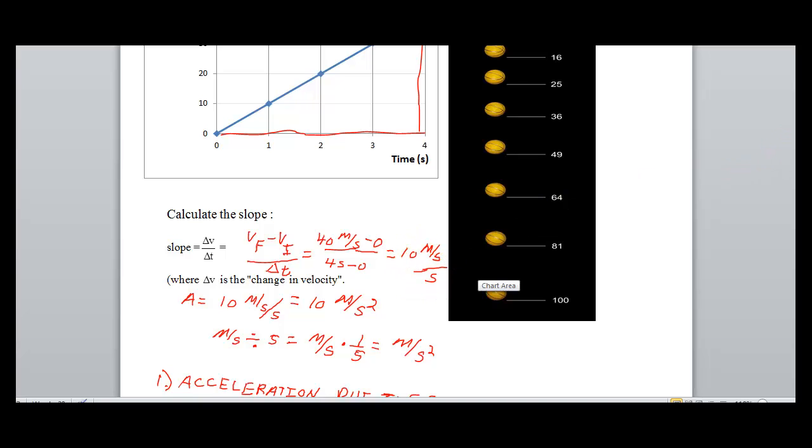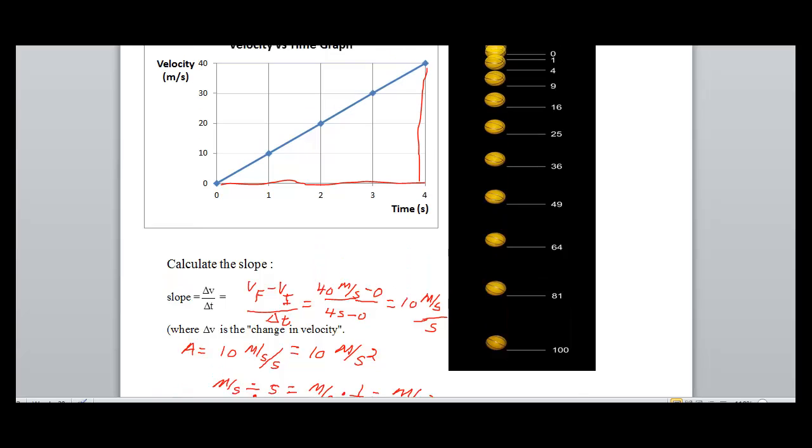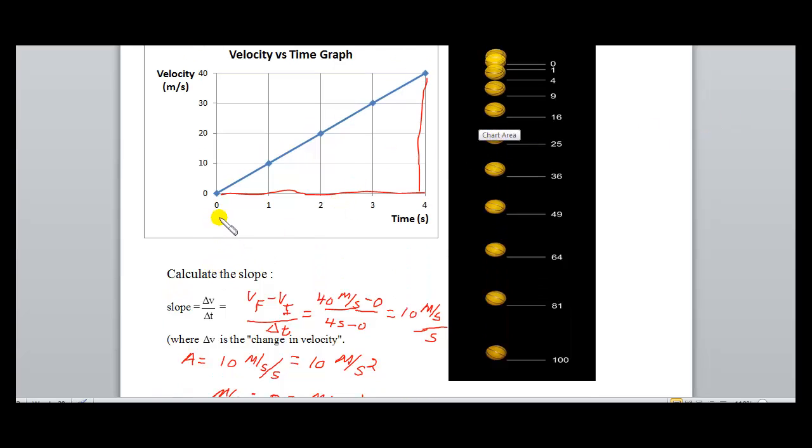It tells you basically that every second that passes, for example, the object, when it's released from rest, initially has a 0 velocity, and after 1 second it's traveling at 10 meters per second, but it's accelerating. Every second that passes it's going to gain 10 meters per second of velocity. So when the second passes, now it's up to 20 meters per second of velocity.